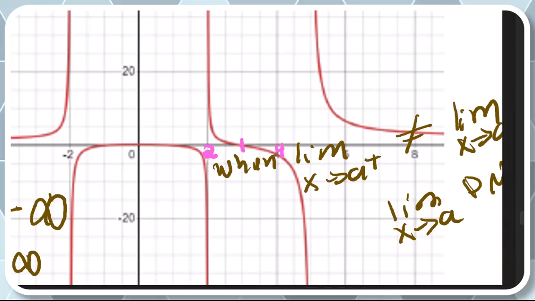Well, there's nothing particularly weird going on there. If I travel along the graph as I'm coming from this direction, my y value here is 0. As I travel going in this direction, my y value when I get to 3 is 0.